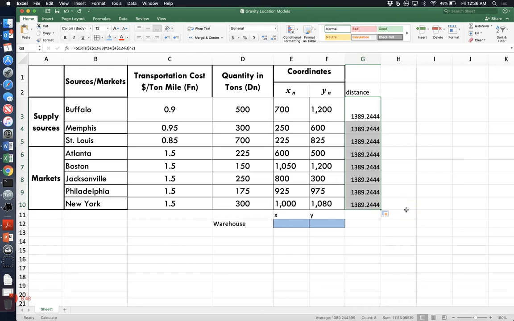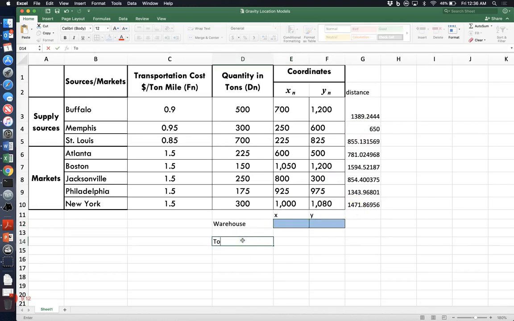Obviously these distances have been calculated assuming that the warehouse X and Y coordinates are essentially 0. When you leave them empty, all these calculations are done assuming that they are zeros, but obviously they are not. Now, once you have these distances, we can find the total cost of transportation.